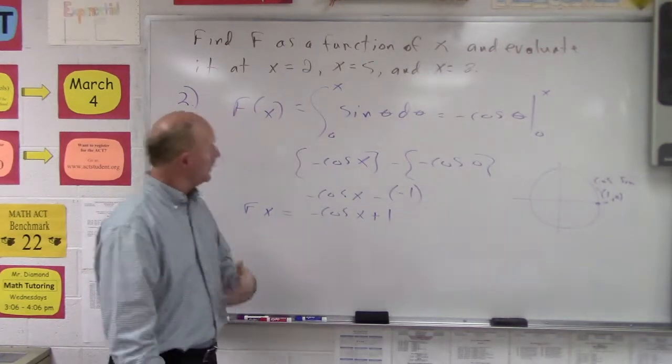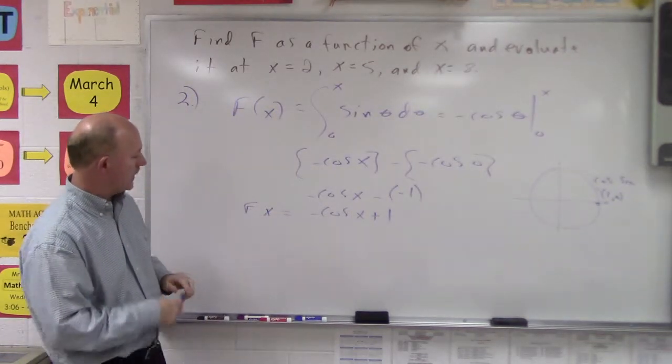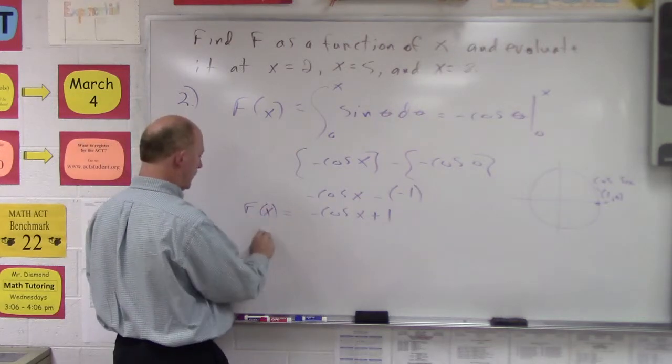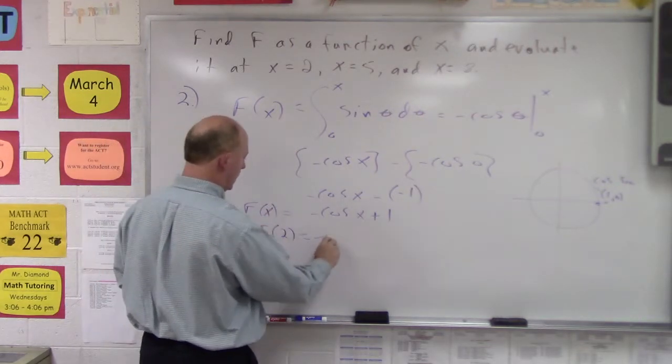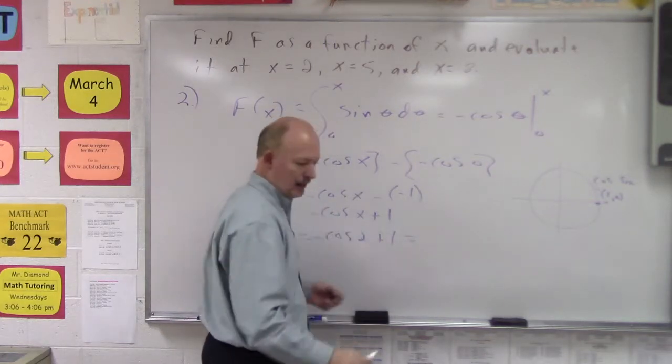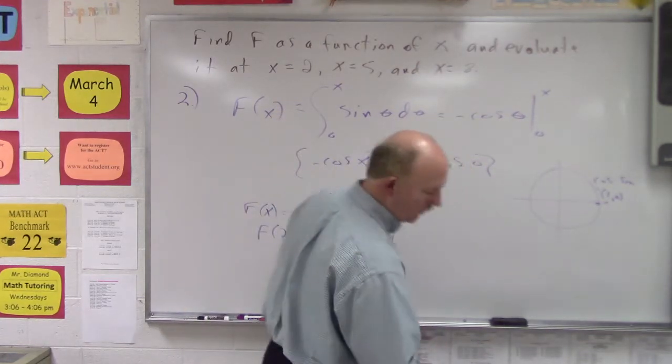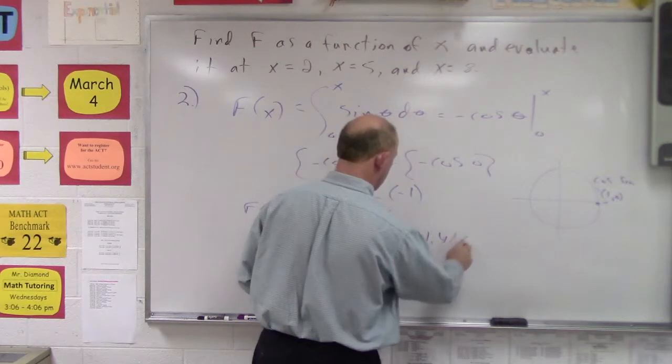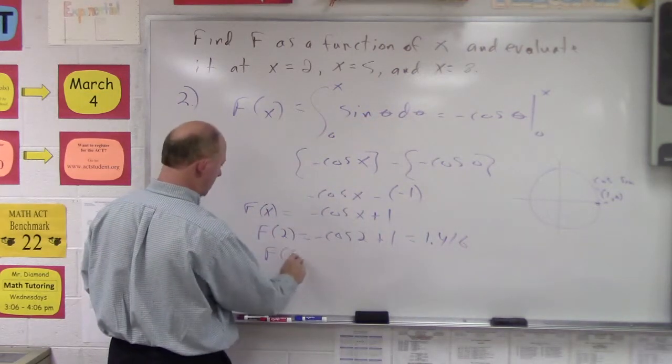Now let's try our function values in this function. So f of 2 is equal to negative cosine 2 plus 1. I did this on my calculator earlier, I get 1.416. Let's do the function at 5.